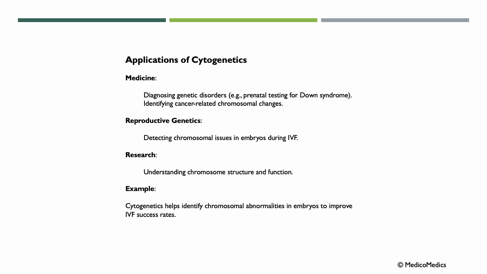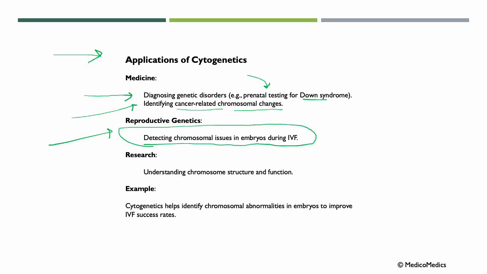What are some applications of cytogenetics? Well, in medicine, we use it to diagnose genetic disorders. For example, prenatal testing for Down syndrome. It helps us identify cancer-related chromosomal changes. It's used in reproductive genetics, detecting chromosomal issues in embryos using IVF. In research, understanding chromosome structure and function.